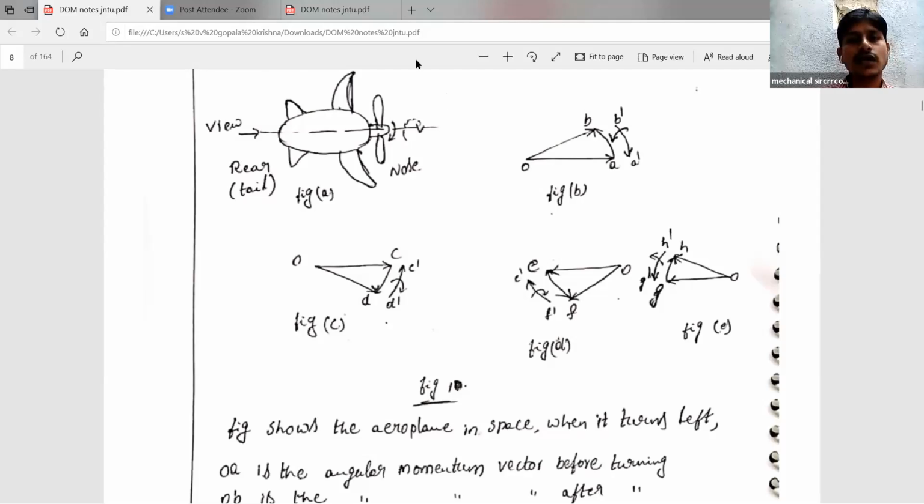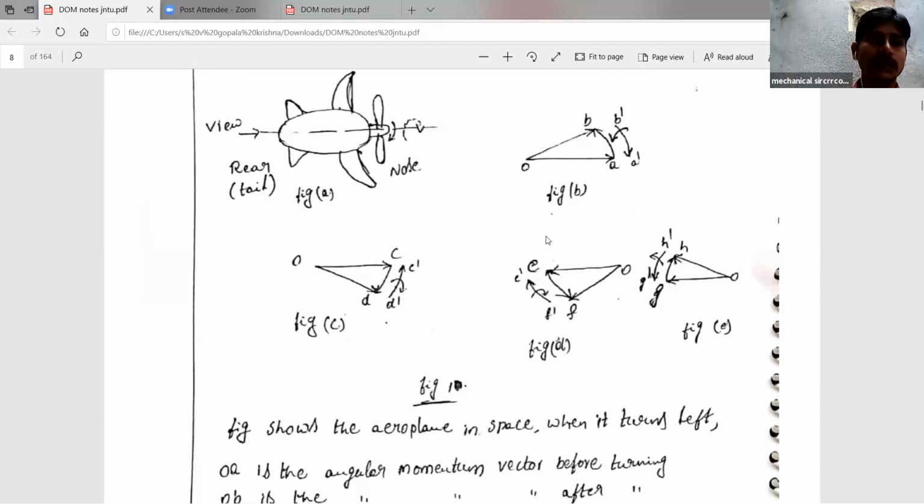Then all of you observe that the effect of gyroscopic couple will be represented in vector diagrams. That is figure B. All of you observe that OA is considered as the axis of spin of our plane. When the plane takes a turn to the left, its angular momentum changes to OB, so it may also have some couple, the active gyroscopic couple.